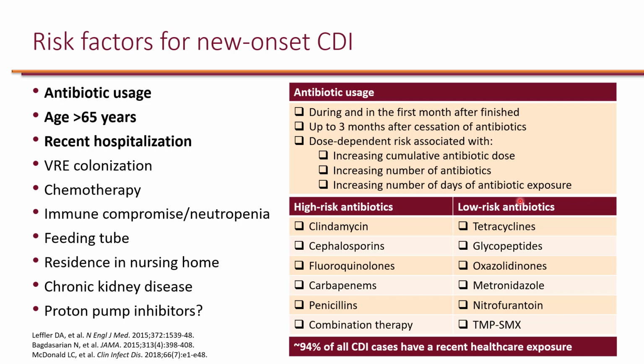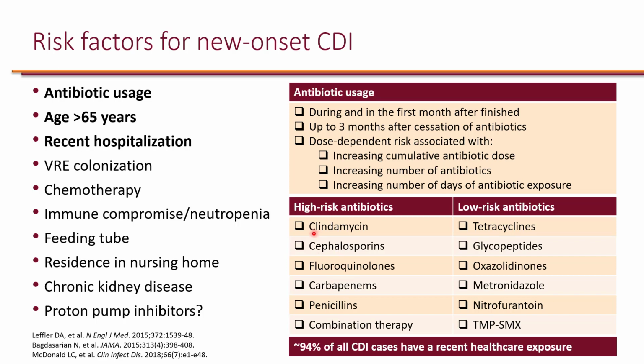Now, certain antibiotics have higher risk of C. diff infection. In general, pretty much every antibiotic has been associated with C. diff infection because one way or another they have the propensity to disturb flora, but some antibiotics significantly more than others.